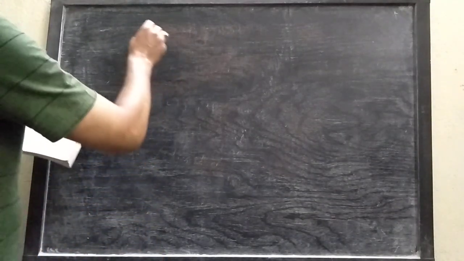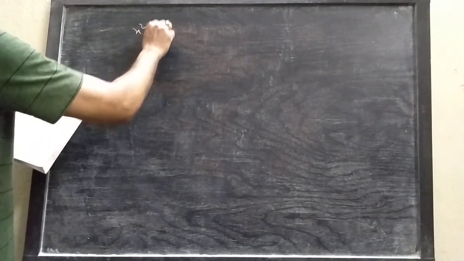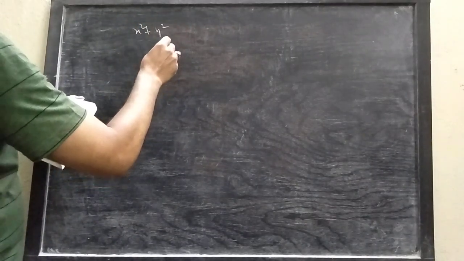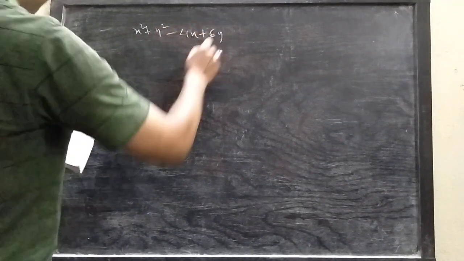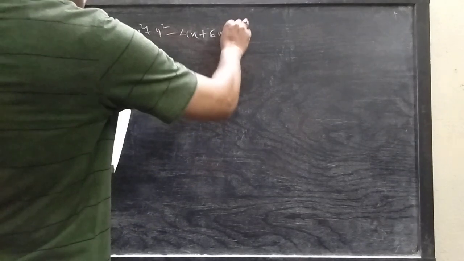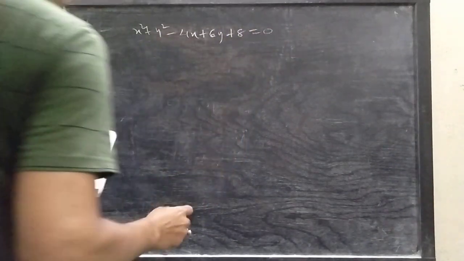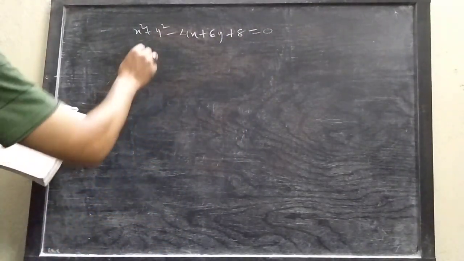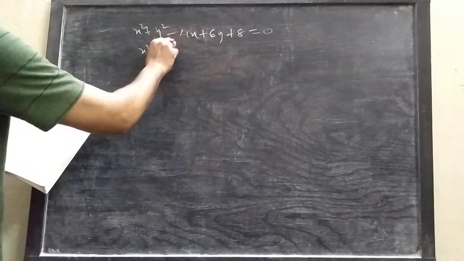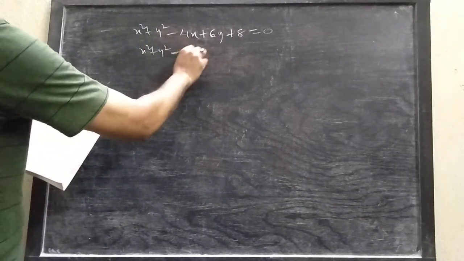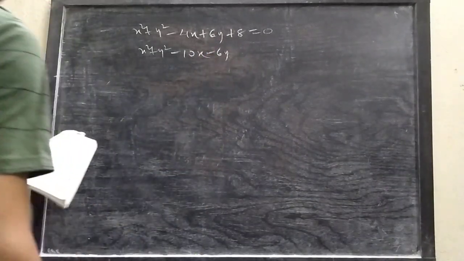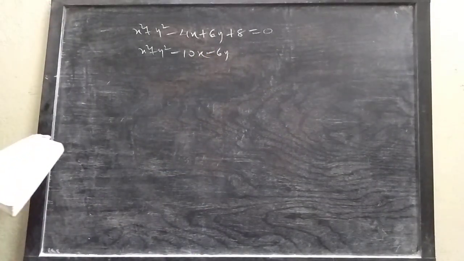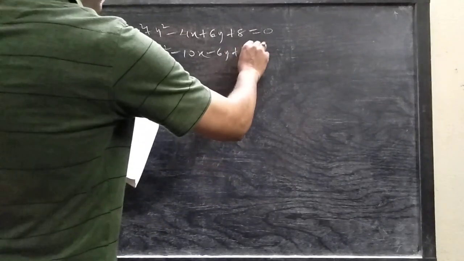Here the given circles are x square plus y square minus 4x plus 6y plus 8 equals 0, and the second circle is x square plus y square minus 10x minus 6y plus 14 equals 0.